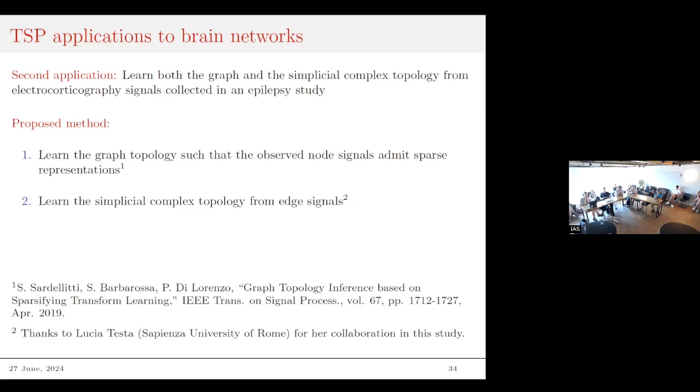The learning of the graph topology and the sampling of this signal has been published in this paper with my co-authors, Professor Sergio Barbarossa and Di Lorenzo, while the learning of the simplicial complex topology from an edge signal is a part we are working on, and I thank Lucia Testa from Sapienza for her collaboration in this study.